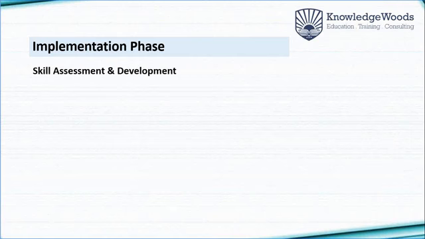Then the next step is about understanding the current skill set of your organization and devising the development plan for them. In this case, first you understand what skills are available in your organization and what their current level of competency is.